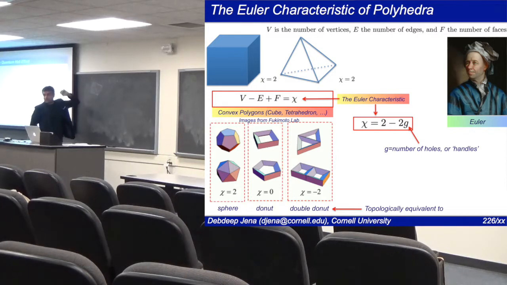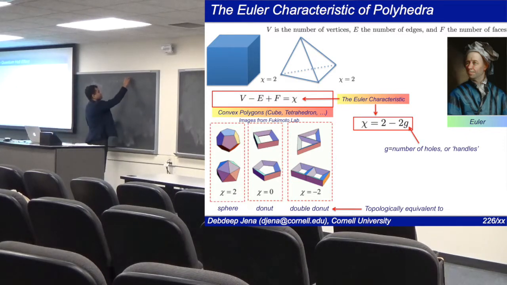You can now completely deform it, make it curved surfaces. There's no clear edge now, and you will still get this. So what do we mean by vertices, edges, and faces then? That's kind of a question. This was known by Euler way ago, one of the masters of mathematics, and this is called the Euler characteristic.